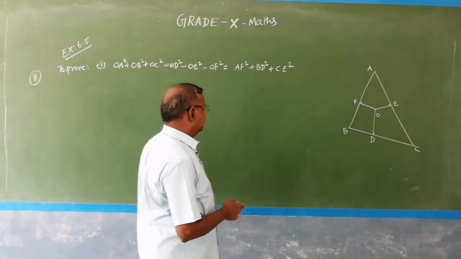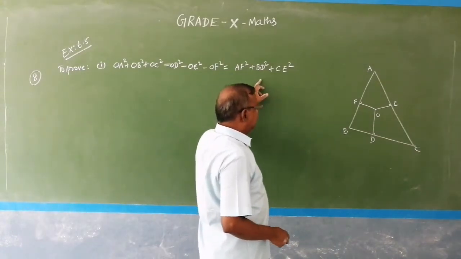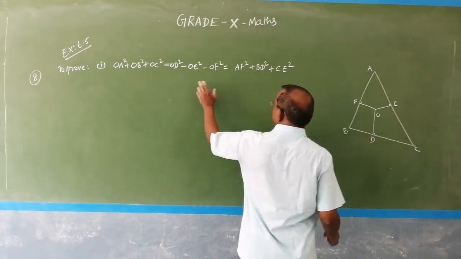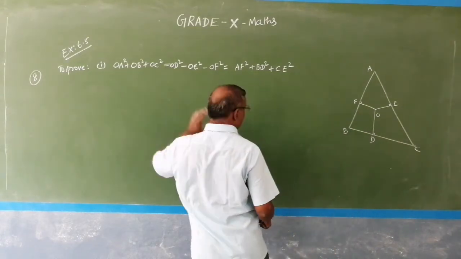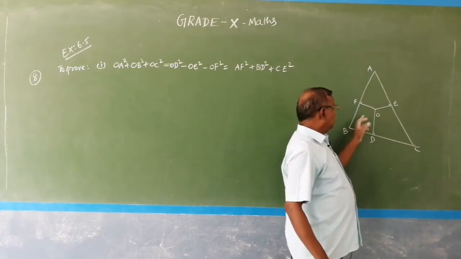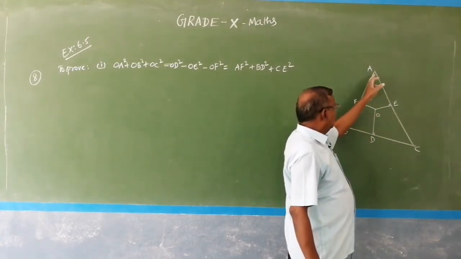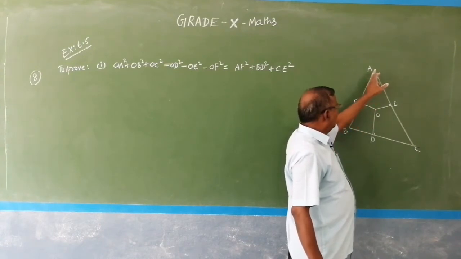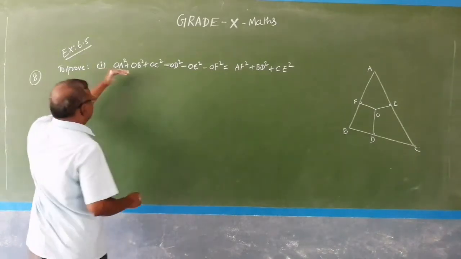Let us construct something, because we are given AF, BD, OD, OE, OF, and OA, OB, OC. So, we have to join O with the vertices. Join OA, OB and OC.